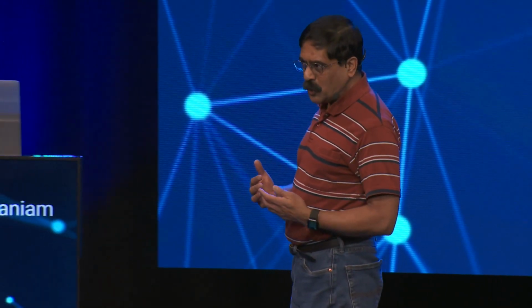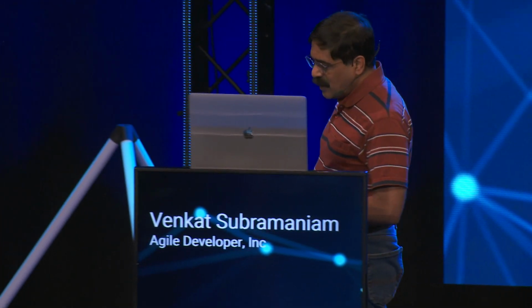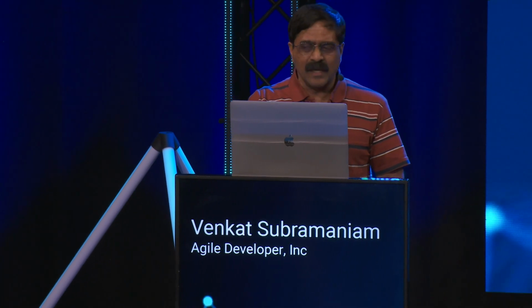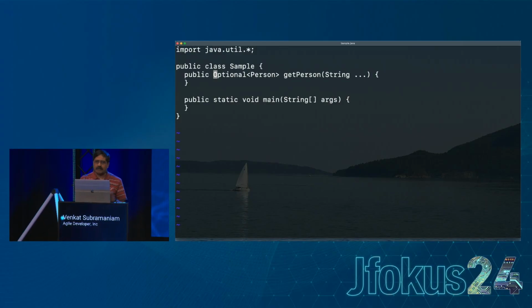And as a result, the receiver can say, well, OK, I got an object reference. Let me verify. If it exists, I will make use of it. If it doesn't exist, I'll take an alternative route. So optional forces you to really perform that check. Now, having said this, though, while I was explaining how great optional is to convey the intent, there was one developer who came to me and said, but, and I said, what is the question about it?